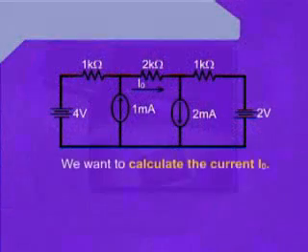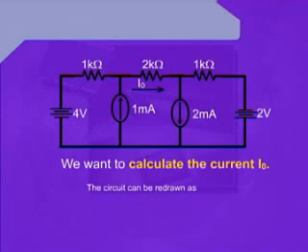We want to calculate the current I naught through the 2 kilo ohm resistance, whereas on each side of the resistive network we can see that there are two independent voltage sources connected.